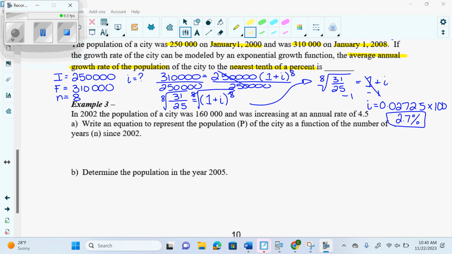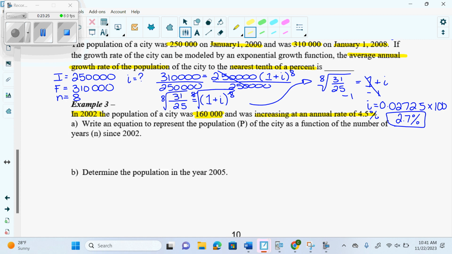Try them out. This one says, in 2002, the population of the city was 160,000, and it's increasing at a rate of 4.5%. Should say percentage or something. Okay. Write an equation to represent the population P of the city as a function of time n.